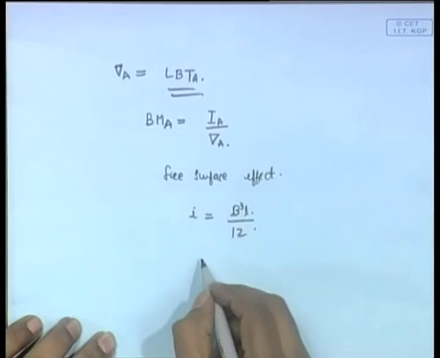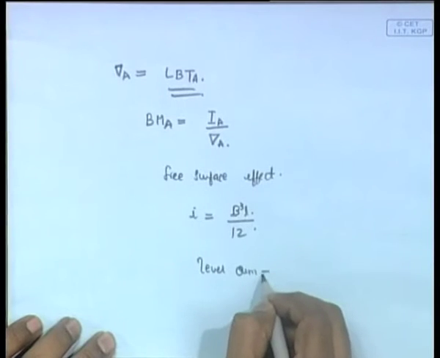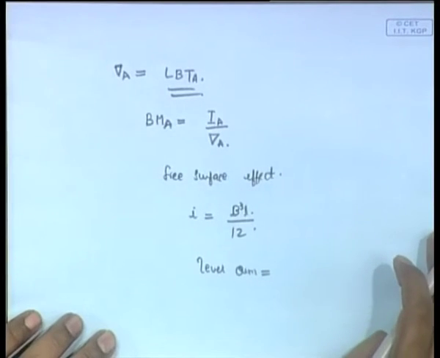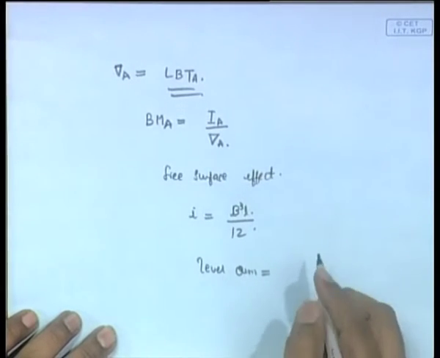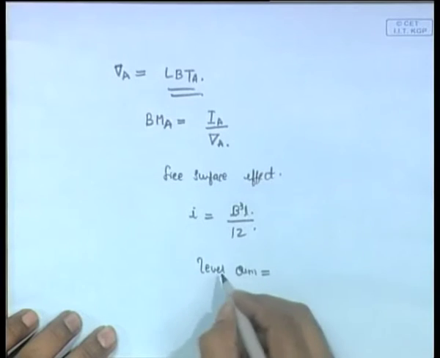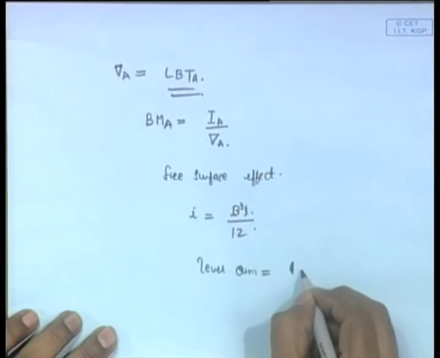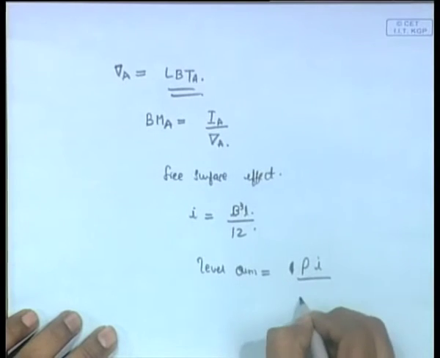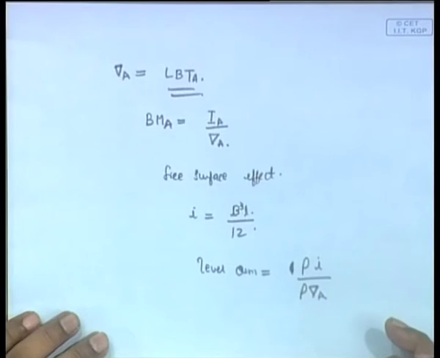Now, this we have done, this is the lever arm, or the amount by which the GM will change; those figures and all we have done in the previous section. So, the lever arm due to free surface effect is given by, in fact, rho into I divided by rho into del. This is the I by del. Okay, that is the amount by which your lever arm will change.